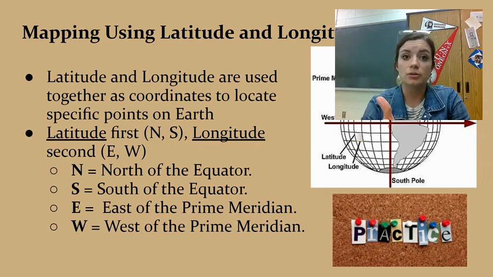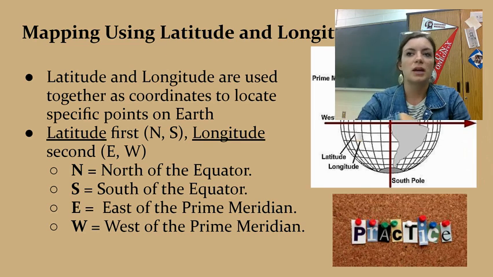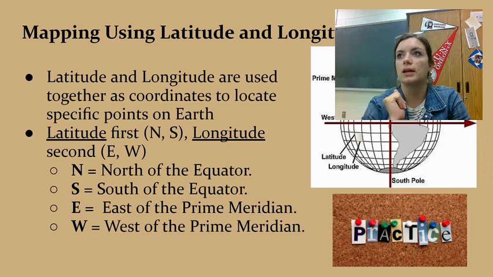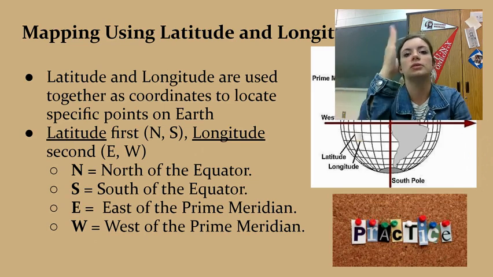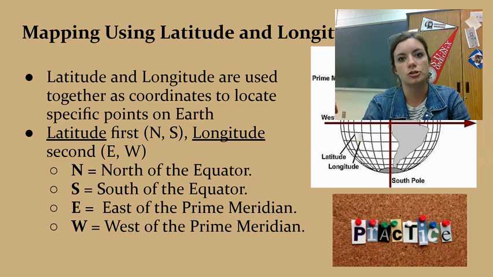So hopefully that helps you remember when you are doing this on a test or trying to use this in real life. Sometimes it's simpler because remember, latitude only goes up to 90 degrees. So maybe you have a coordinate like 30 degrees north and 120 degrees west. Well, that 120 can't be the latitude because latitude goes up to 90, so that must be longitude.